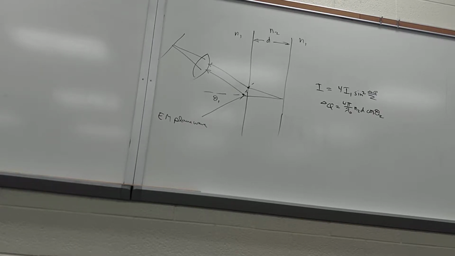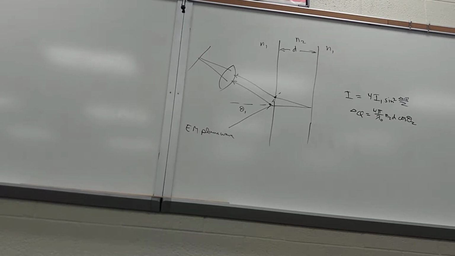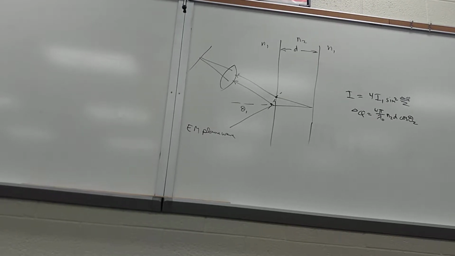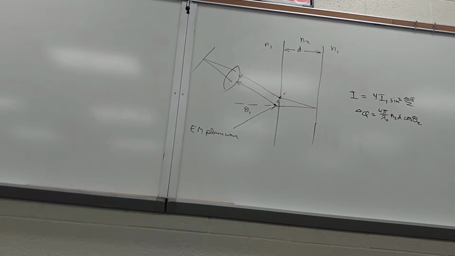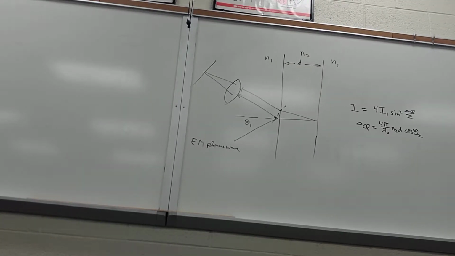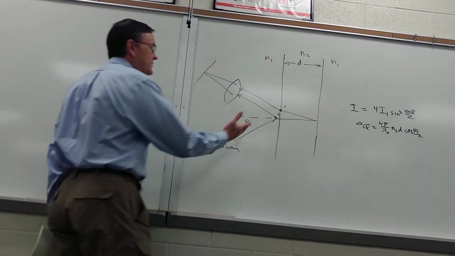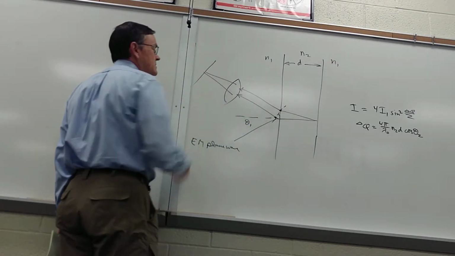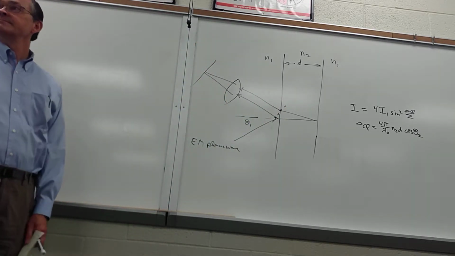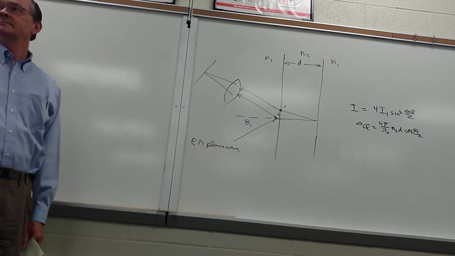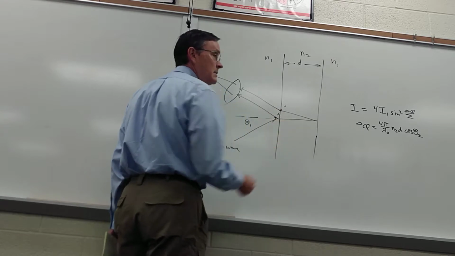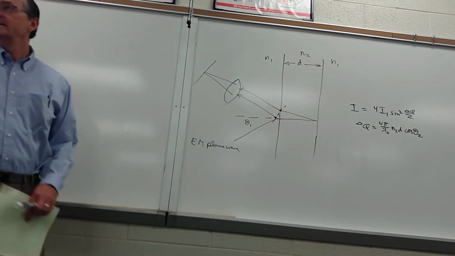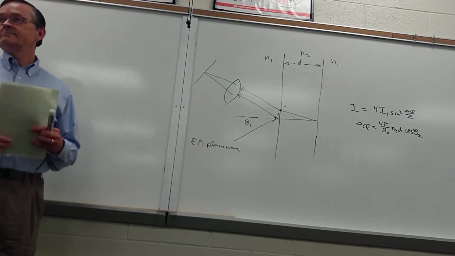So in practice, since we typically don't have truly monochromatic sources, does the lens have to be a certain distance away? Can't do it too far away? Well, from this point on, it's all a common path length. So it has no effect. The only difference in path length is right here. So if that were incredibly thick, it would mess us up in real life, since we don't have monochromatic sources.